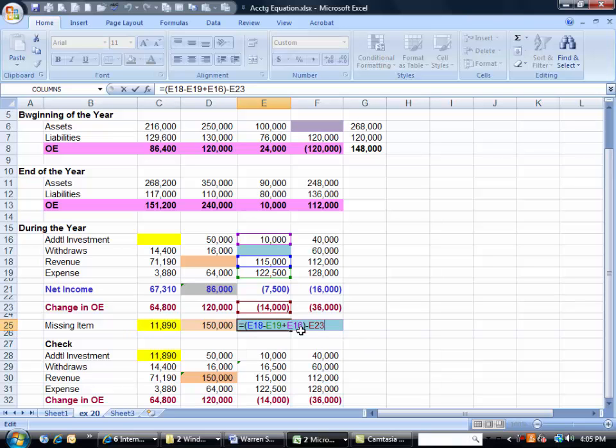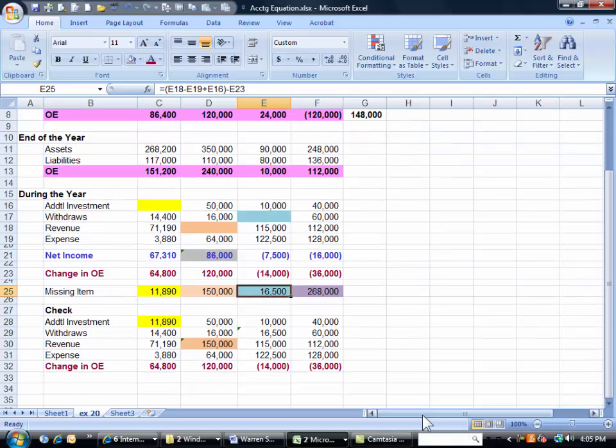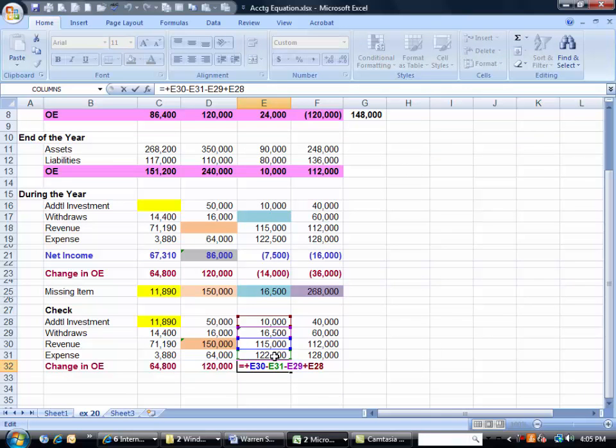And I put the brackets so that I could get my change in owner's equity to show my missing items show up with a positive sign so that it wouldn't look different amongst the top. See how they show withdrawals as positive? So I put the parentheses there on purpose so it would look the same. Then I came down here and proved myself out. I have plus revenue, less expense, less withdrawals, plus investment. That's my change in owner's equity.